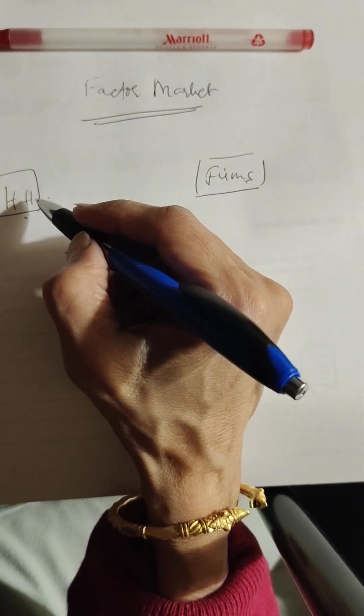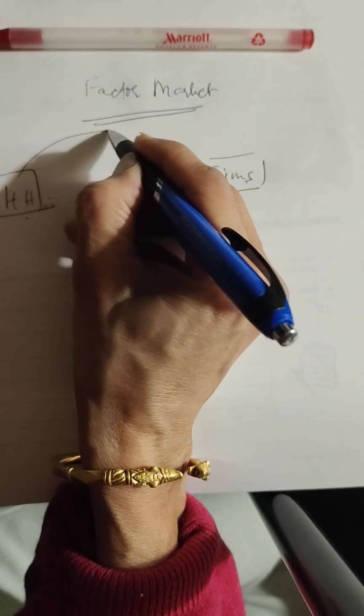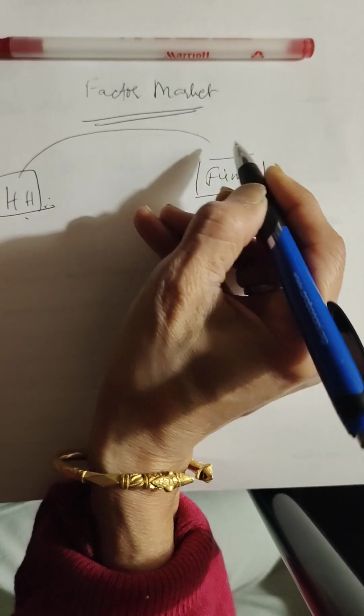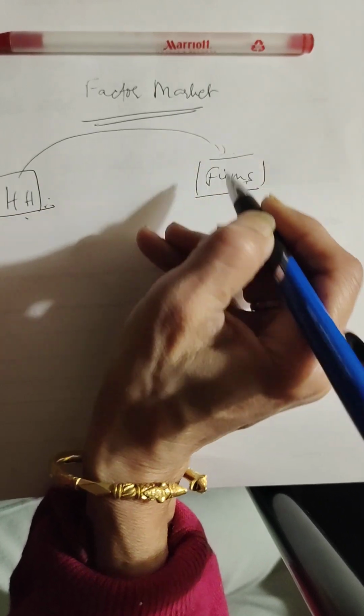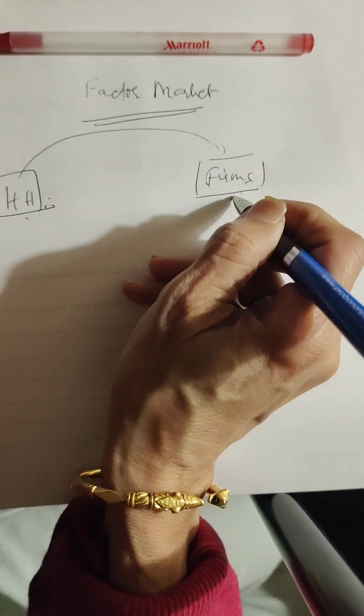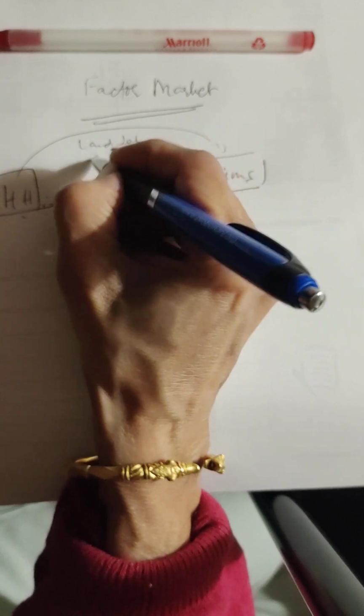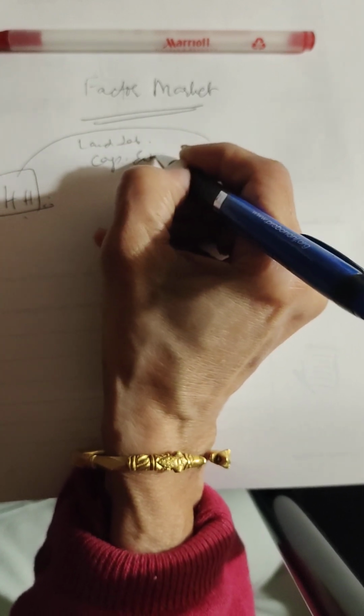Now, when the households provide factor services, or their factors of production to the firms, that is land, labor, capital, enterprise.